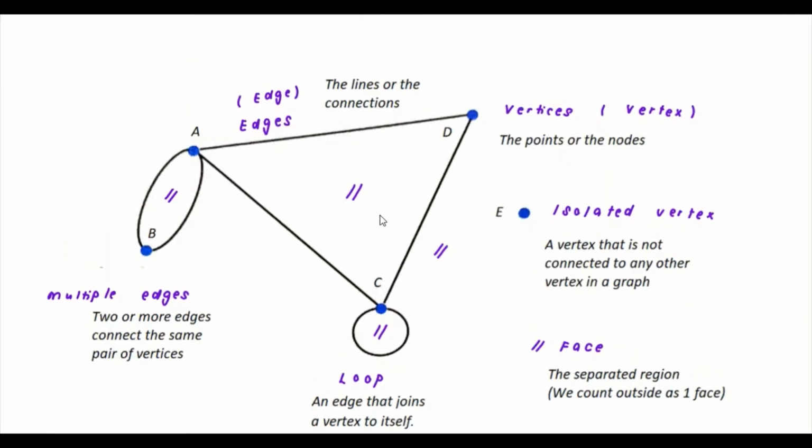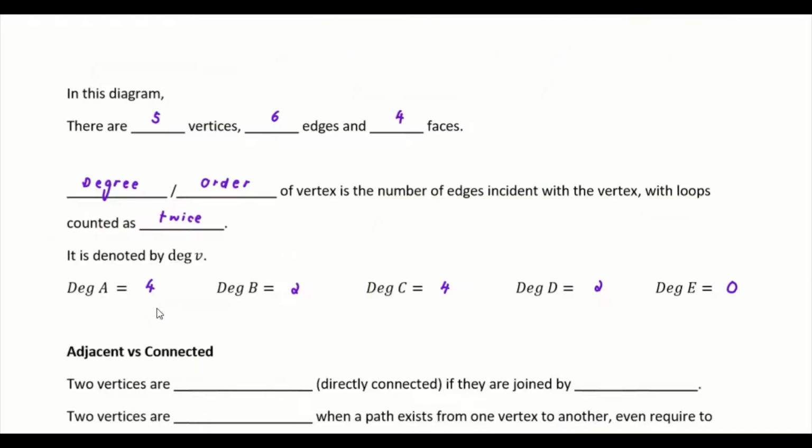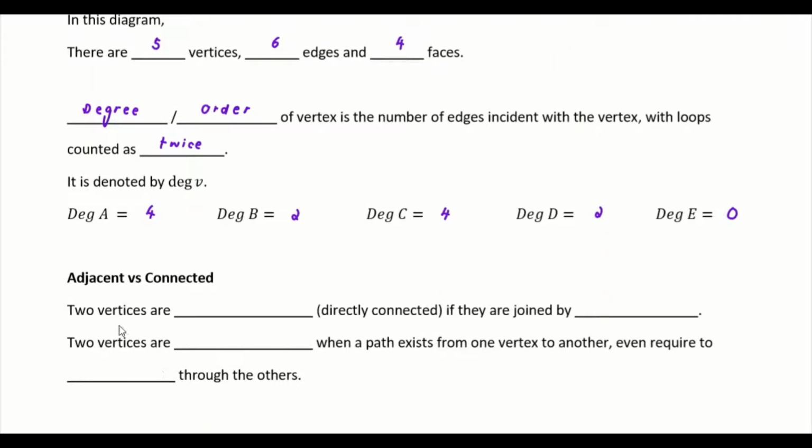So in this case, B is connected with D as well, although you need to pass through A. As long as you can reach D from B, it's considered connected. But we need another term to represent what is directly connected. This is called adjacent. Two vertices are adjacent, which means directly connected, if they are joined by one edge only.